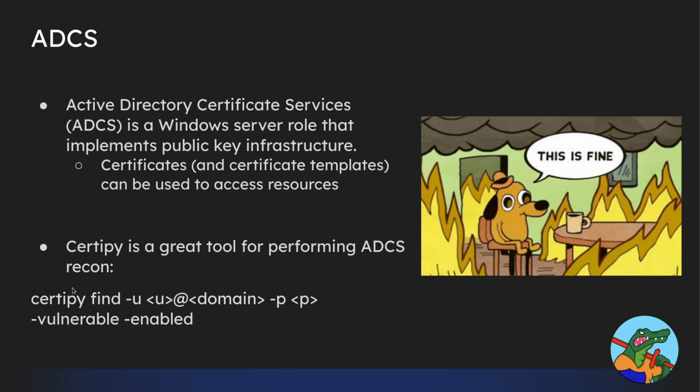Some would allow you to gain admin with some credentials, and all of them were results of exploiting bad configurations. You can use a tool called Certify to find all the vulnerable and enabled certificates. And sometimes you can just say, hey, can I request a certificate for the admin user? And it'll go, yeah. And you can log in with that certificate.